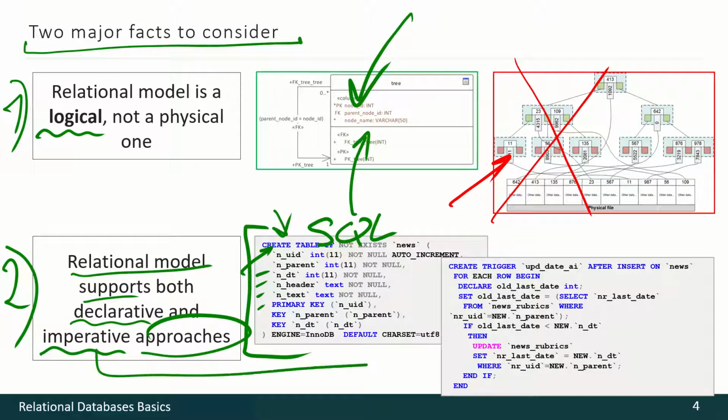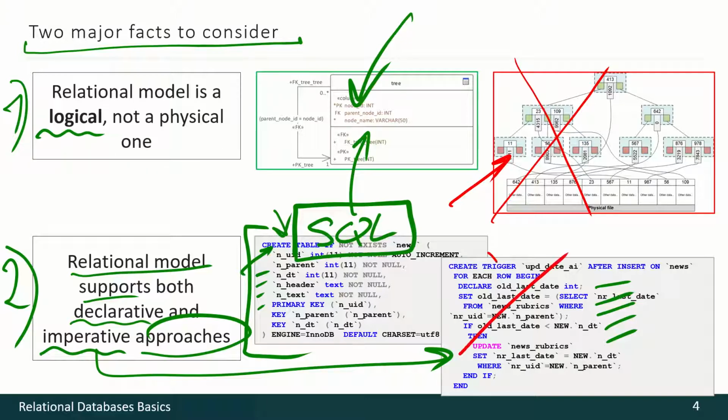But with the imperative approach, like in a classical programming language, we have to describe the set of actions. While the declarative approach and the SQL language are rather compatible between different DBMSs, the imperative approach is not.